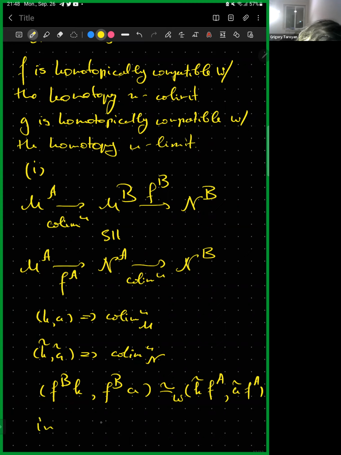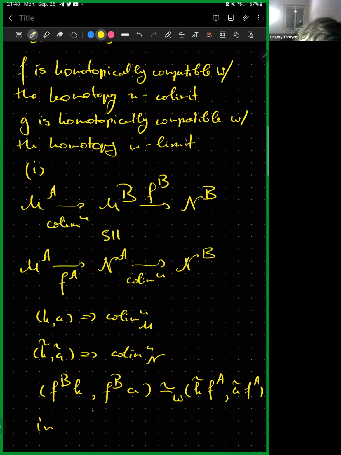So this happens in a homotopy category of approximations to the colimit functor.